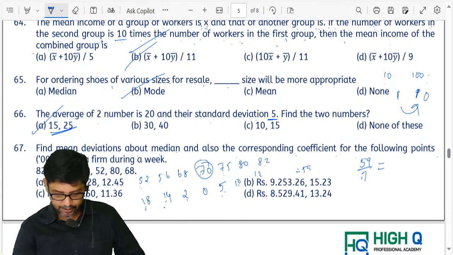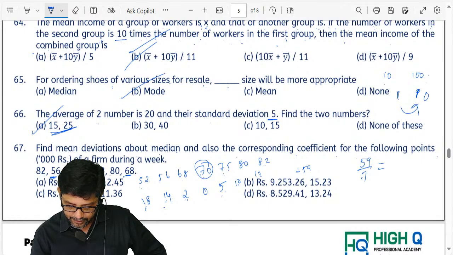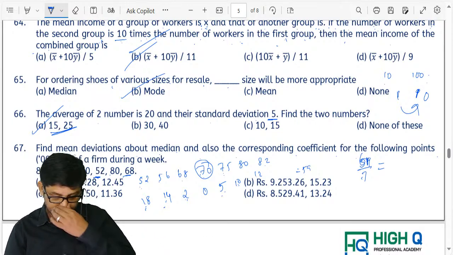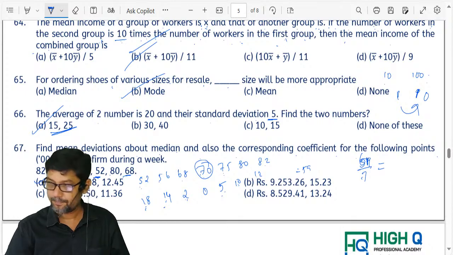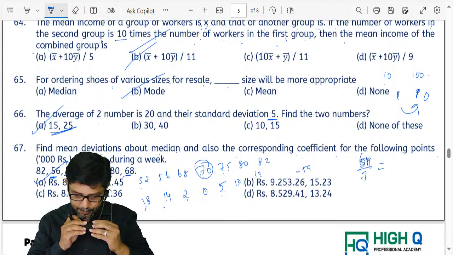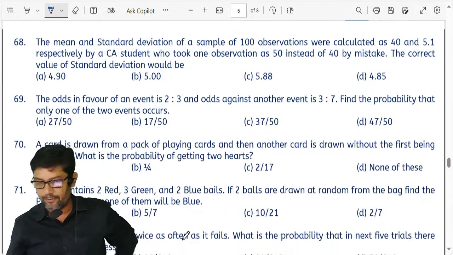Oh, is my addition wrong? Let me check. 52, 56, 68, 70, 75. Addition 61. Yeah. So what did you get? Is it 9.253? Not 9. 8.714. So option A. Only one option is having it now. Option A. Okay. After that, if you want to find the coefficient, you can find it out.